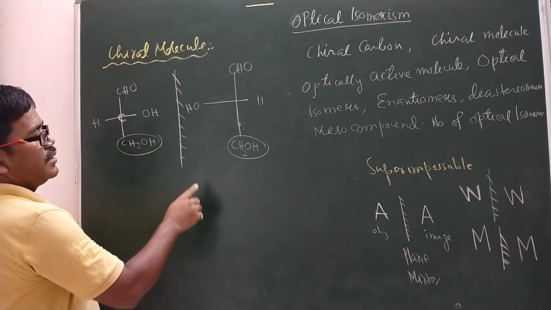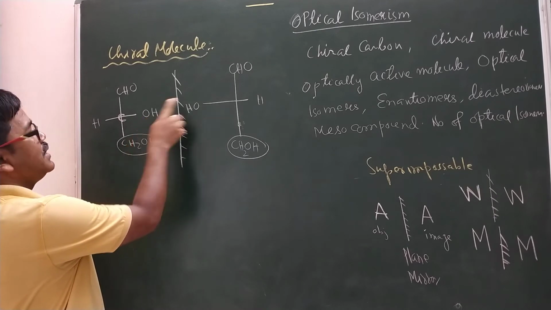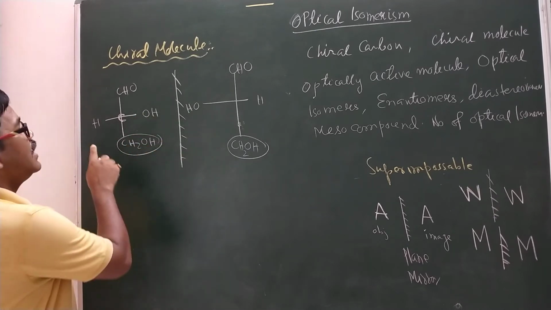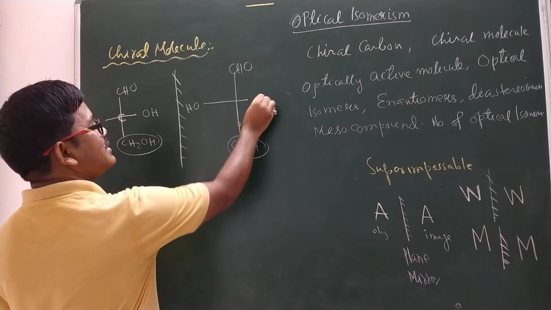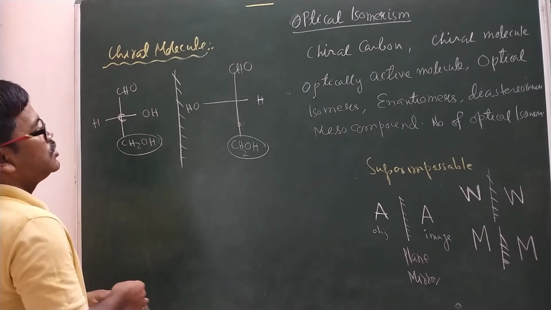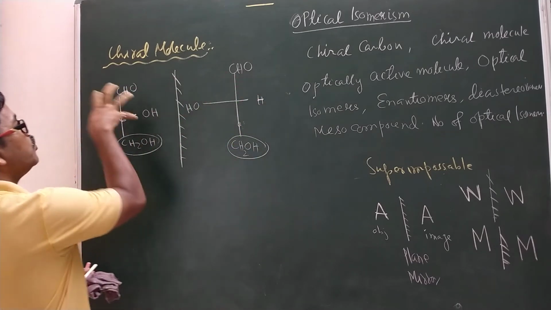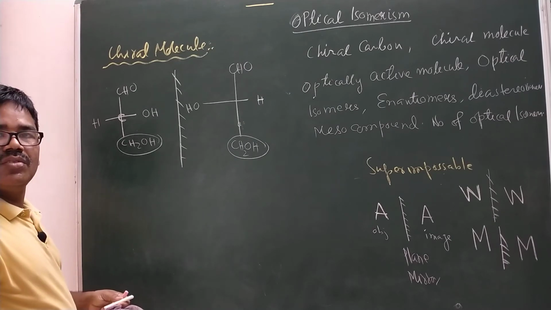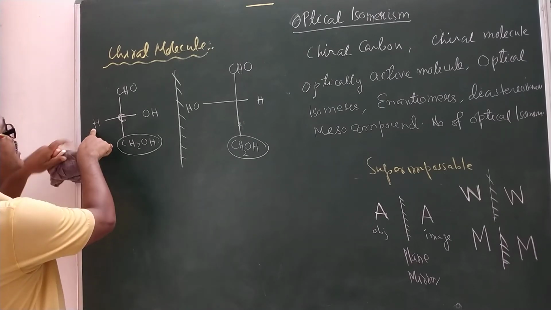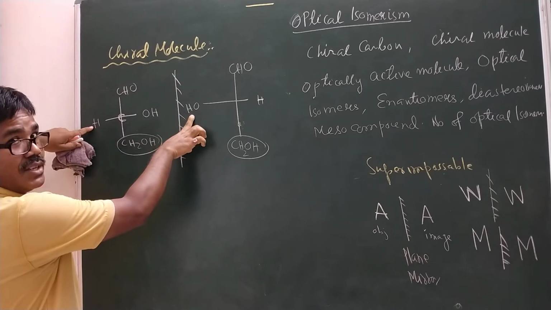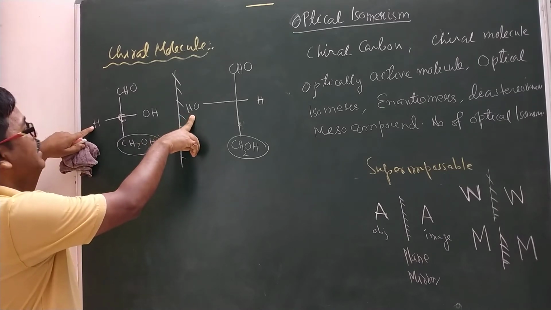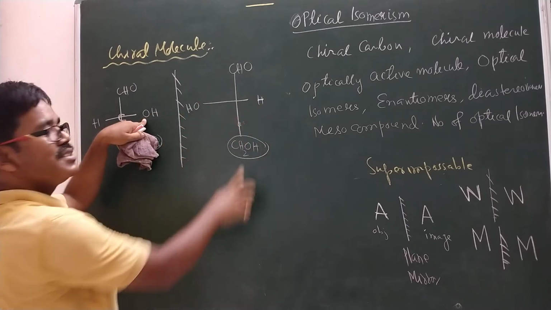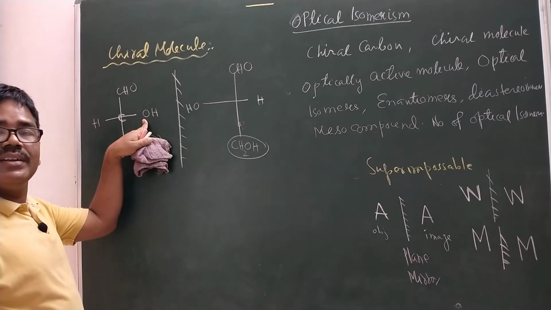Therefore, here is OH group in the right hand side, here OH group in the left hand side. Hydrogen left hand side, hydrogen in the right hand side. Now, if you try to take this image and paste on the object, is it identical? No, because here in the left hand side there is hydrogen, but here left hand side there is an OH group. Here right hand side there is OH, but here right hand side there is H. Therefore, this is not identical.